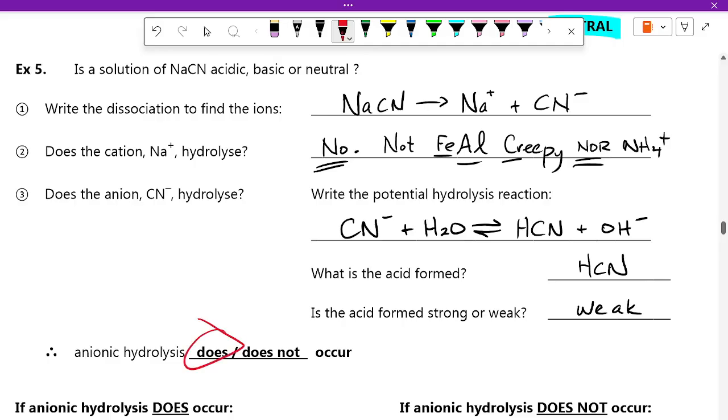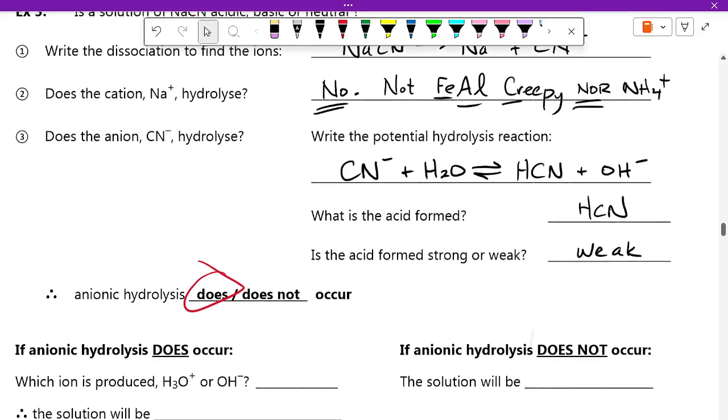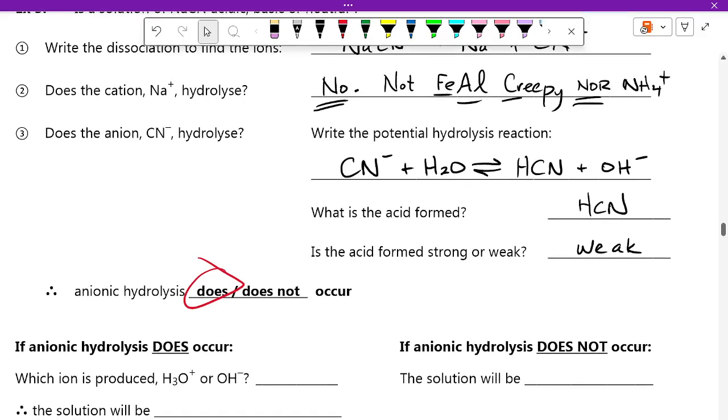So are we good up to step 3? So HCN forms, it's weak, so anionic hydrolysis does occur. Which ion did we produce, H3O plus or OH minus? OH minus, and therefore the solution will be basic, okay? And then if there was a situation where anionic hydrolysis did not occur, the solution would be neutral, but that's not what happens here.